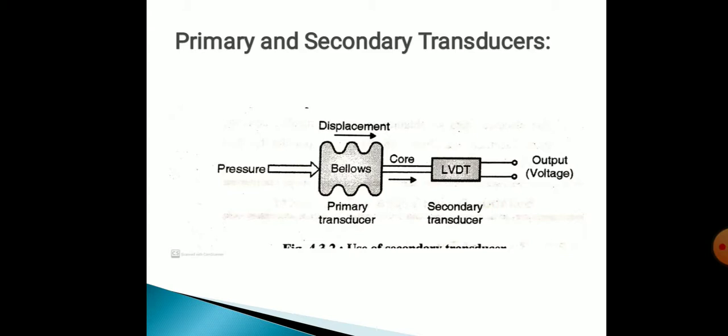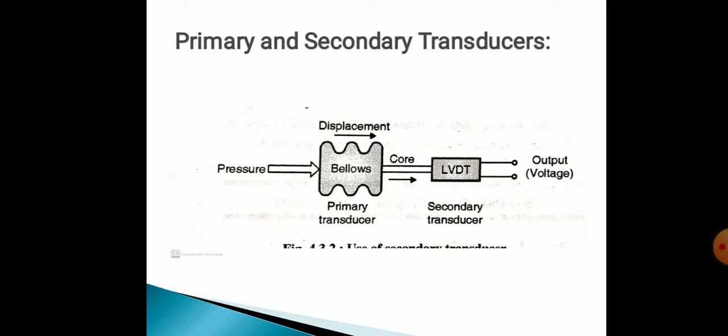Many times direct use of a primary transducer is not possible. So, secondary transducers are used along with the primary transducer. In such cases, the input signal is first sensed by a sensor, detector or primary transducer and it is given as input to another transducer for convenience.